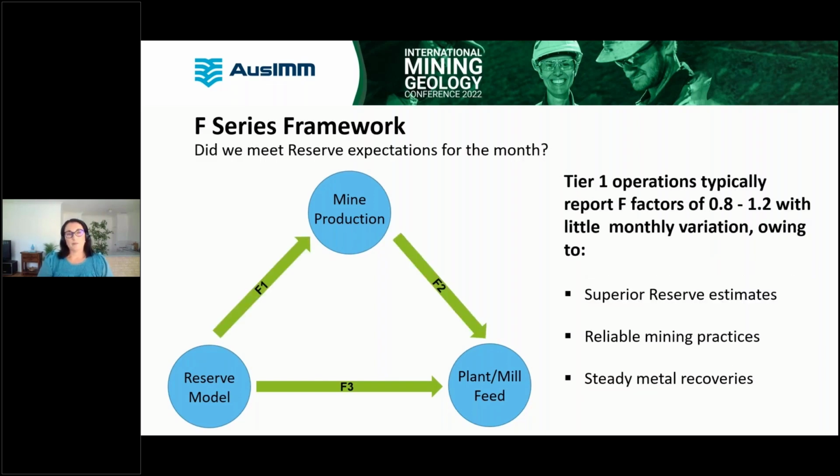So the F-series framework is really asking that question, did we meet reserve expectations for the month? And in a well-managed operation, supported by a robust reserve model, over time, the F-factor series should hover around 1. We can see here, typically it's 0.8 to 1.2.